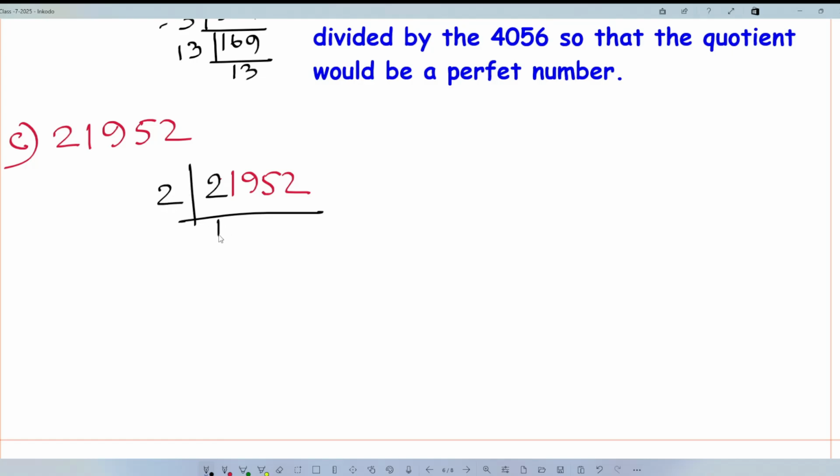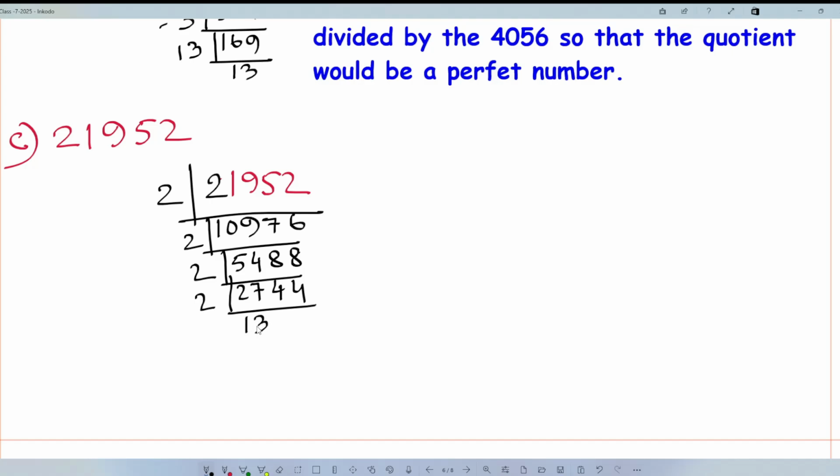So here is 10976. Okay, then again divided by 2. So 5488. Again divided by 2, 2744. Again divided by 2. So what will come?